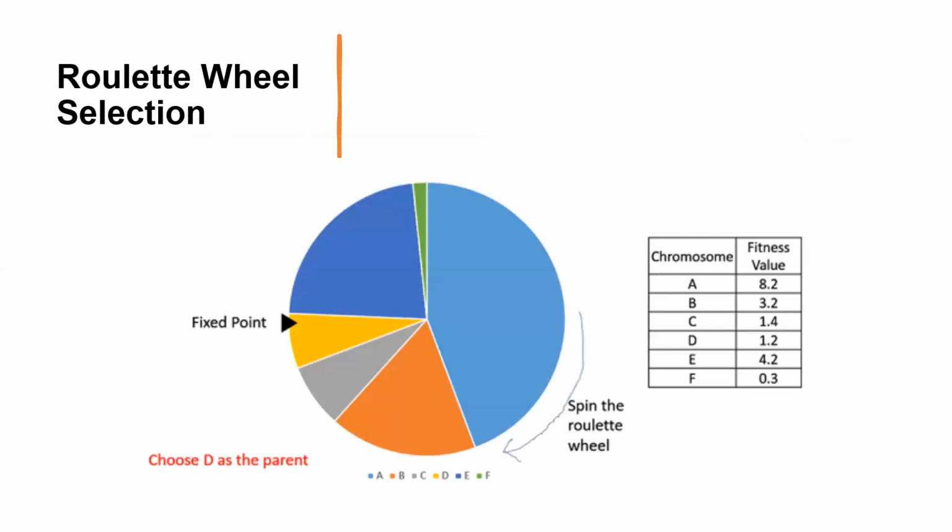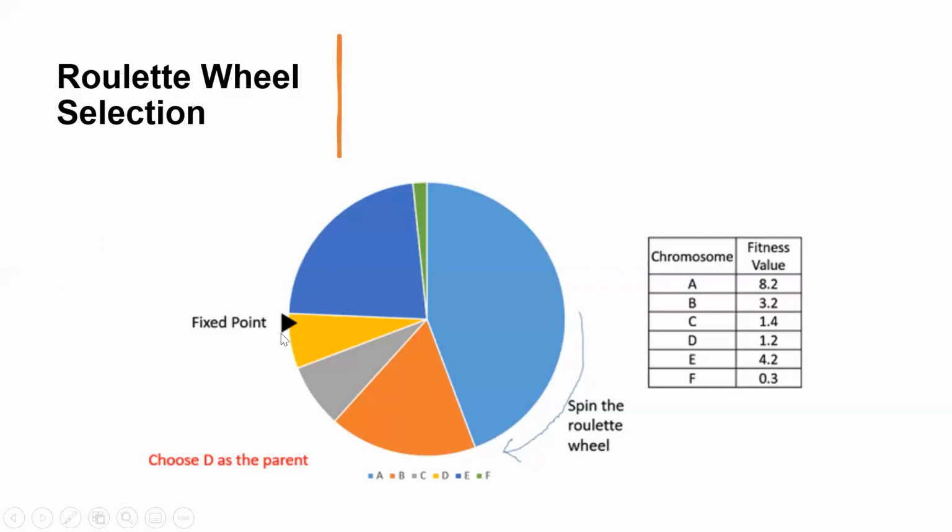Roulette wheel selection, I think a lot of us are very familiar with the roulette wheel. How this selection works is, when you have a greater region in the roulette wheel, the probability of that region being found for selection is more.